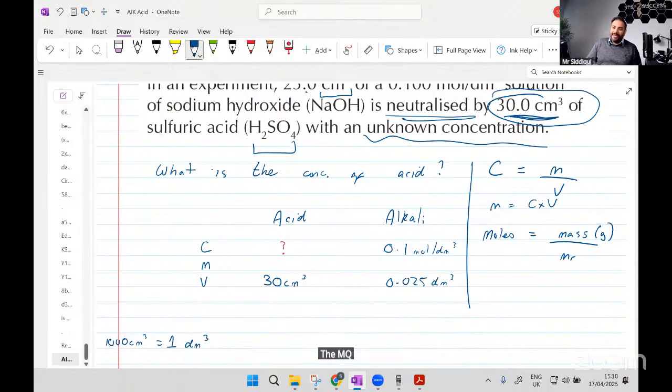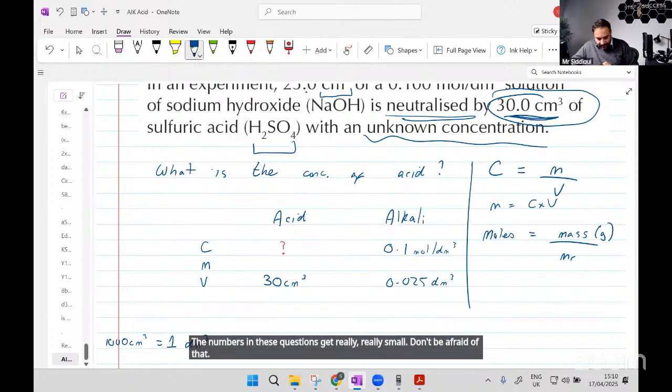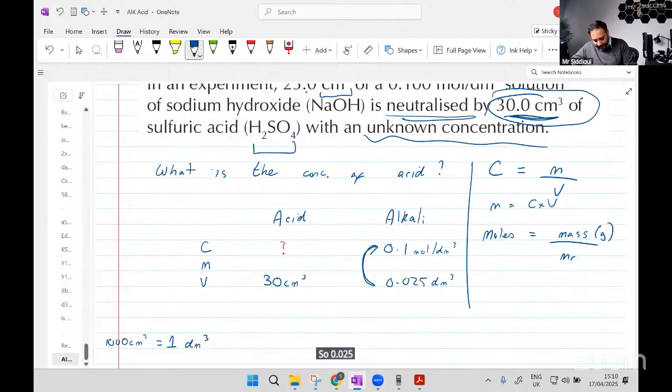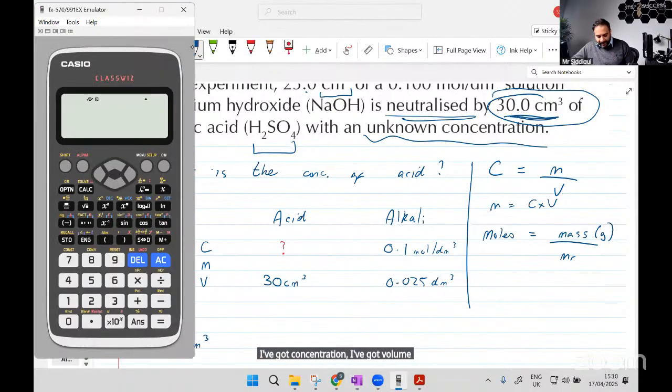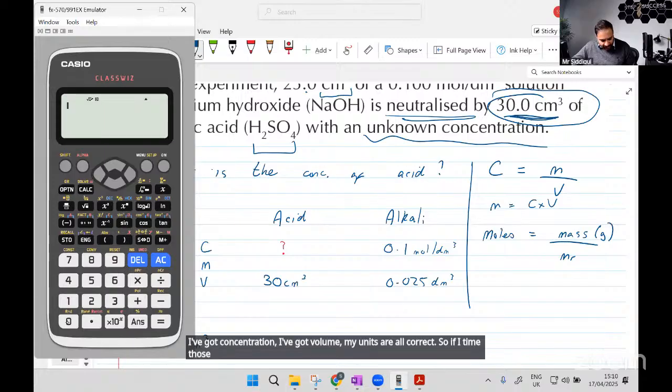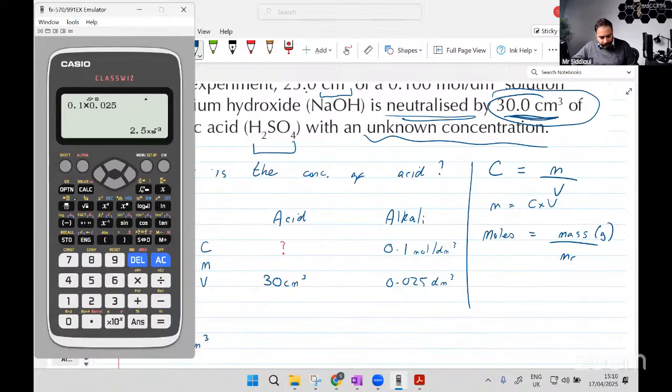The numbers in these questions get really, really small. Don't be afraid of that. So 0.025 dm cubed. If I multiply these together, I will get my value that goes in here, because mass is concentration times volume. I've got concentration, I've got volume, my units are all correct. So if I times those together, it should be 0.0025, shouldn't it? Yep, it is standard form.